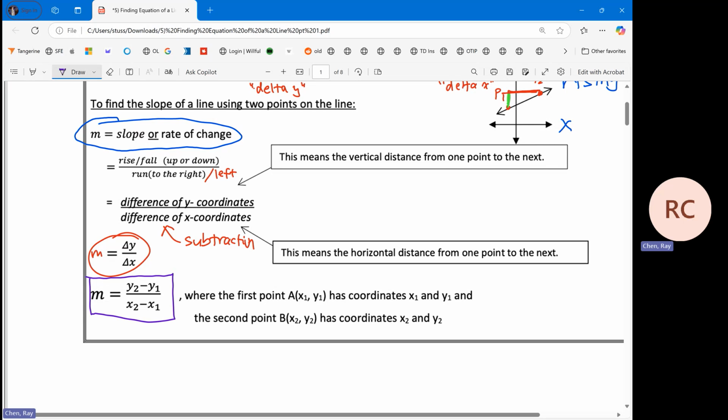They're not exponents, and they're just for notation. And so if you really want to think about it, the first point, A, I called it P1, that is x1, y1. Notice, again, we always have the ordered pair of x comma y. So the first coordinate is x1, y1, and the second point is B, x2, y2.